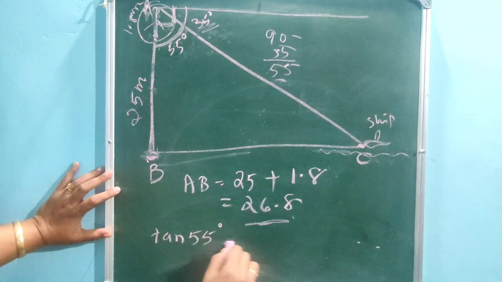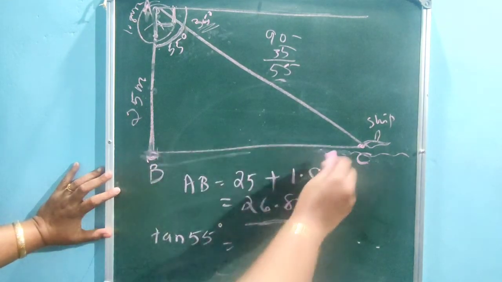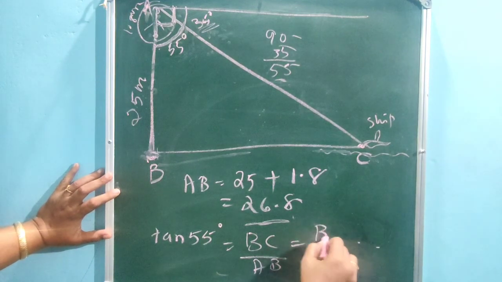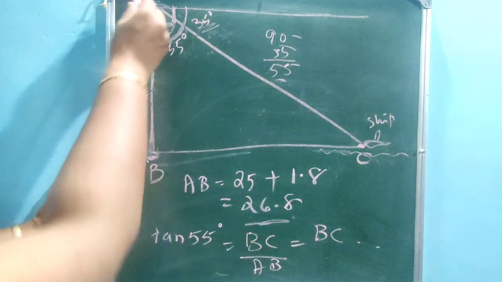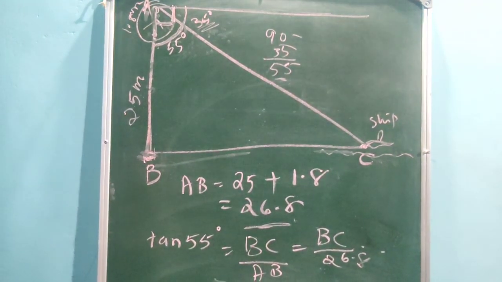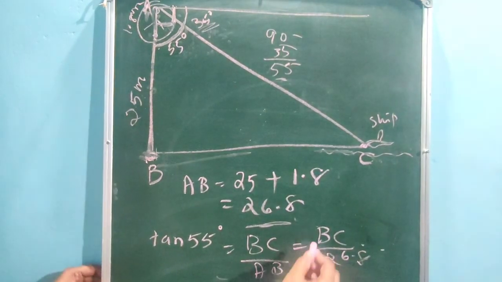Tan 55 is equal to opposite side, that is BC, by adjacent side, that is AB. BC by AB, and we don't know what is BC, right? But we have AB. What is AB? AB is equal to 26.8.